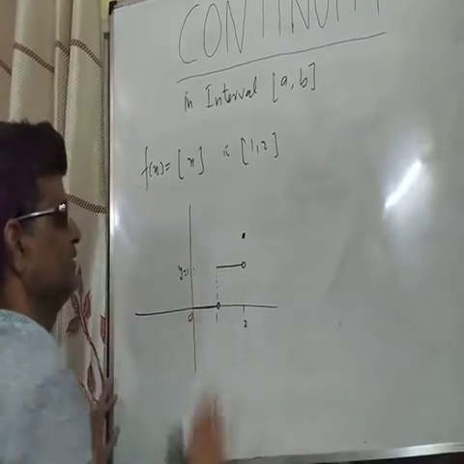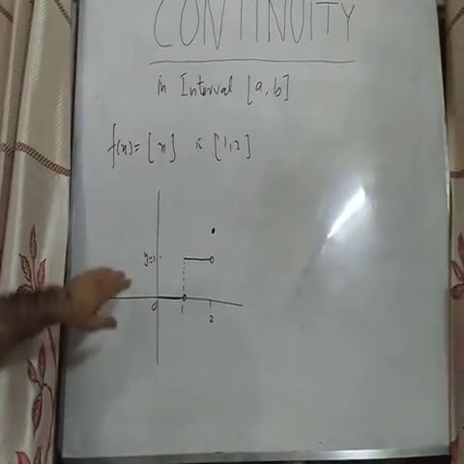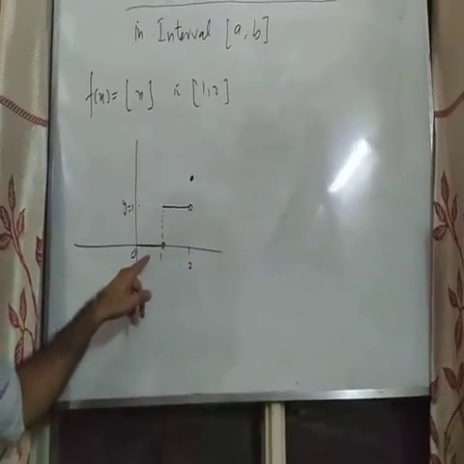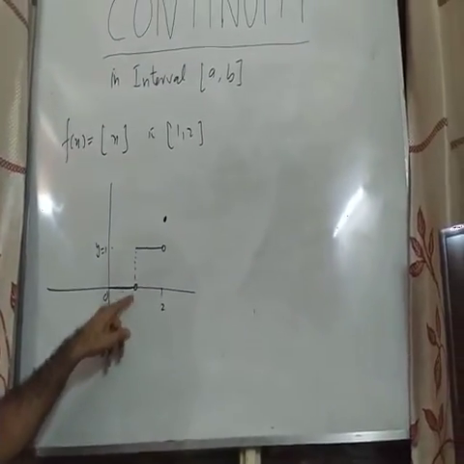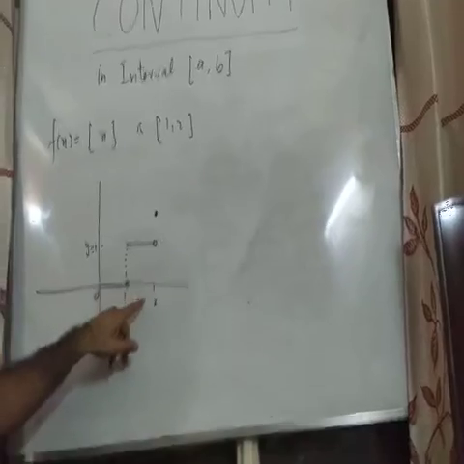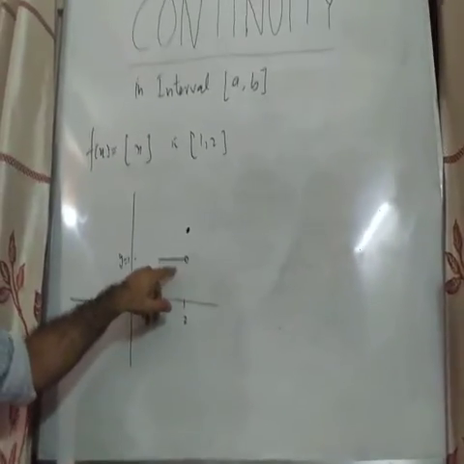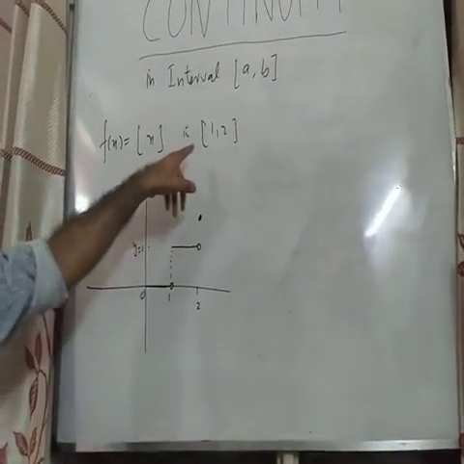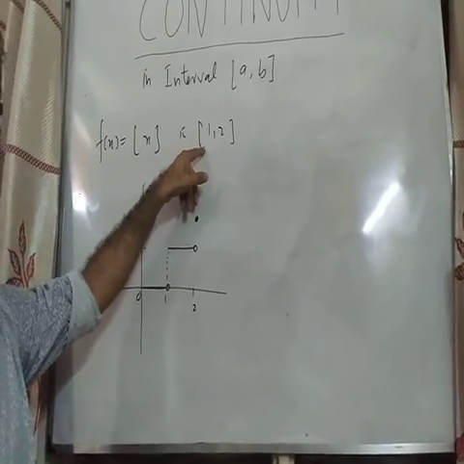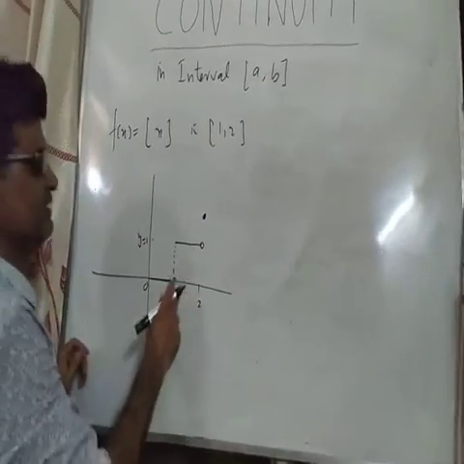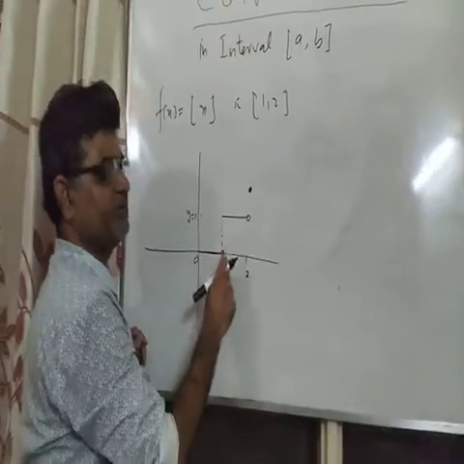Just see the graph. What the graph says is that the function is continuous in between 0 to 1 but it is discontinuous at 1. Since we are talking about continuity in the closed interval 1 and 2, you can see that the graph is continuous in between 1 and 2.